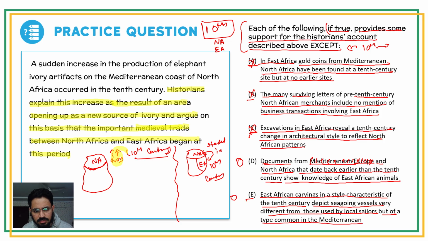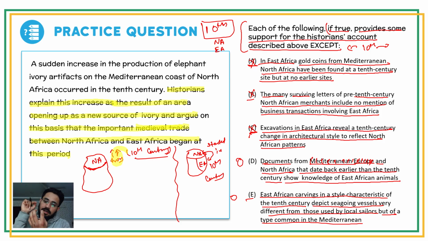Oh, no, it provides support because it again tells you that something happened in the 10th century and it might end up bolstering the argument that the important trade between North and East Africa might have started in the 10th century.